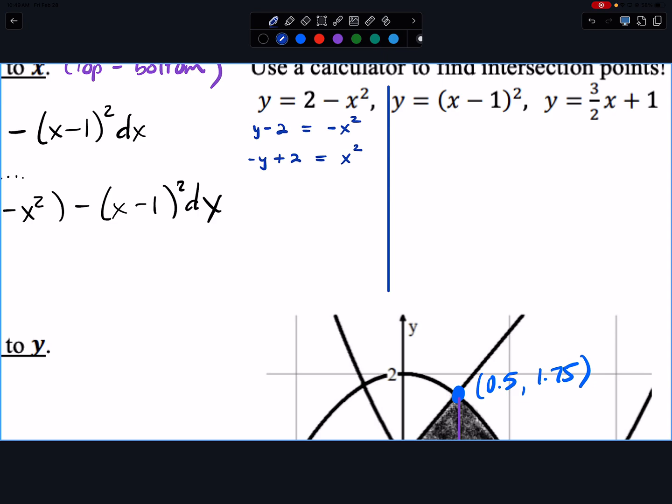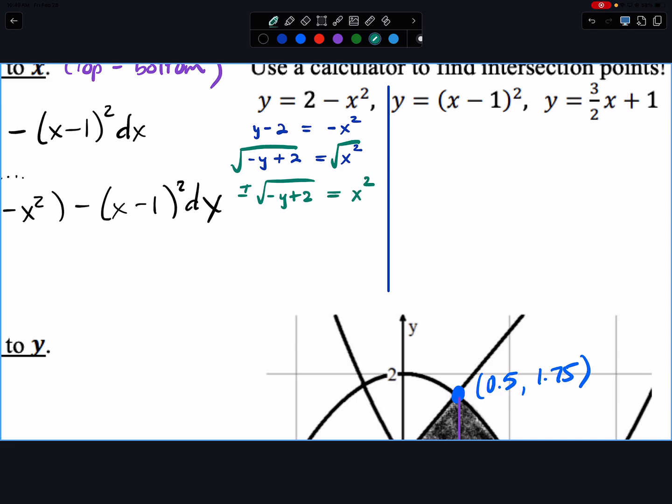And then what do I need to do to both sides? Square root. Now this is where this problem gets hard. When you take the square root of something, what's in the front? Plus or minus. So this is plus or minus the square root of negative y plus 2 is equal to x.